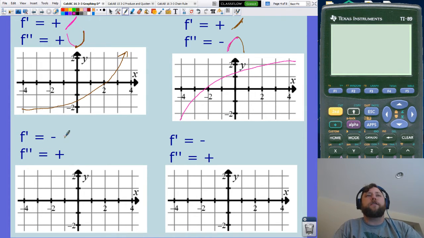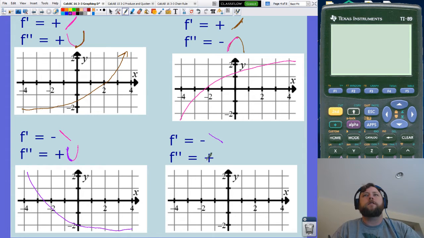Now, what if the first derivative was decreasing, and the second derivative was concave up, positive? Well, then you're looking at the left-hand side of this parabola shape, something going like this, like the left-hand side of a concave up. This is decreasing and positive.